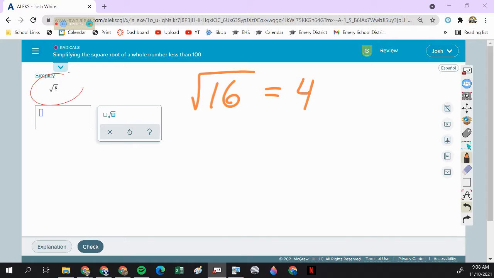For instance, the square root of 8. What times itself is 8? It's got to be some decimal. What's it going to be close to? Not 4. It's going to be bigger than 2, but smaller than 3. How do I know it's smaller than 3?